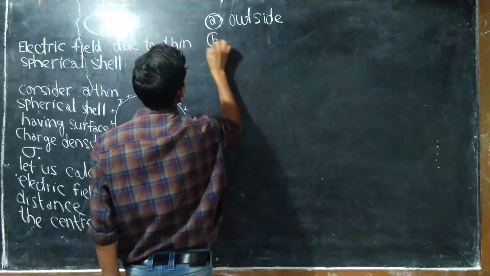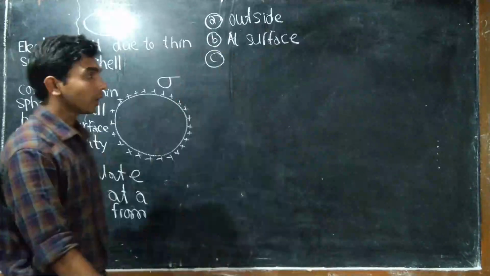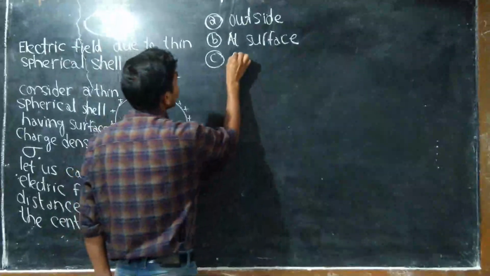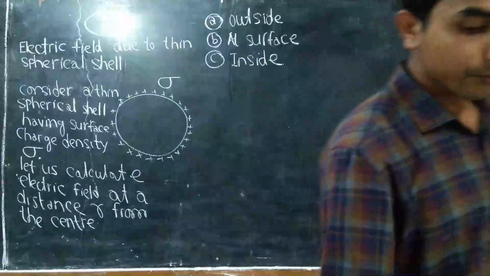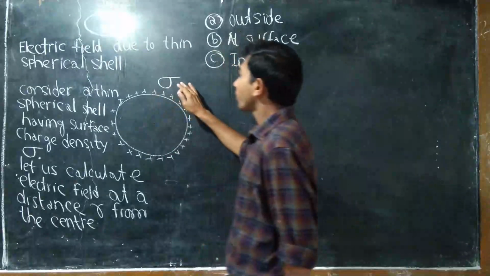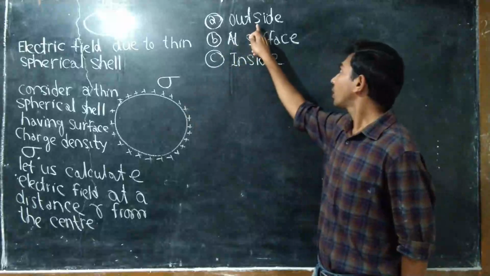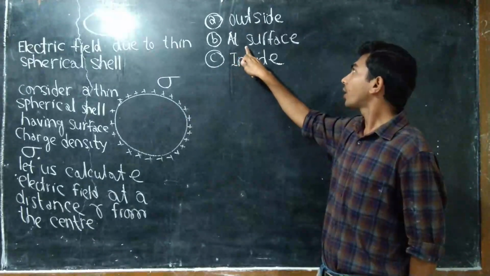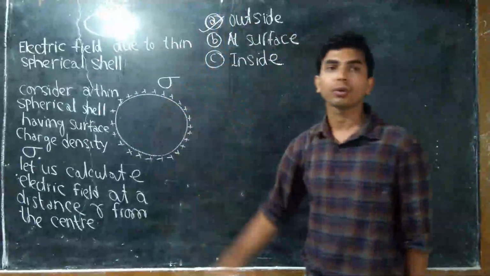So only these three cases are possible. This is your cell, the surface charge density is given, and we have to find the electric field outside, at the surface, and inside. First I am going to deal with this one.